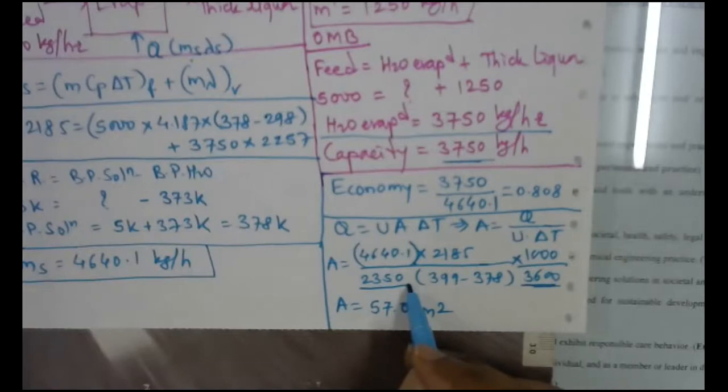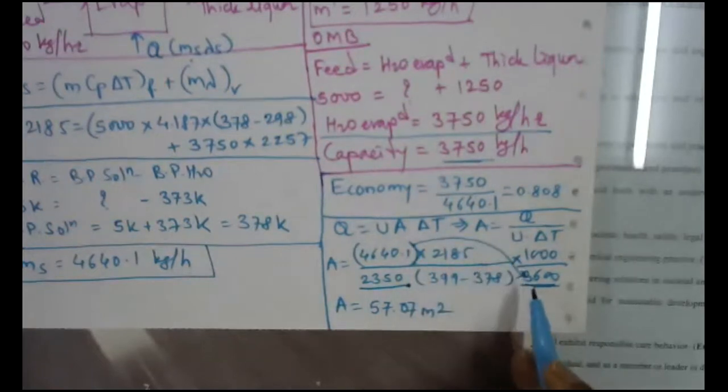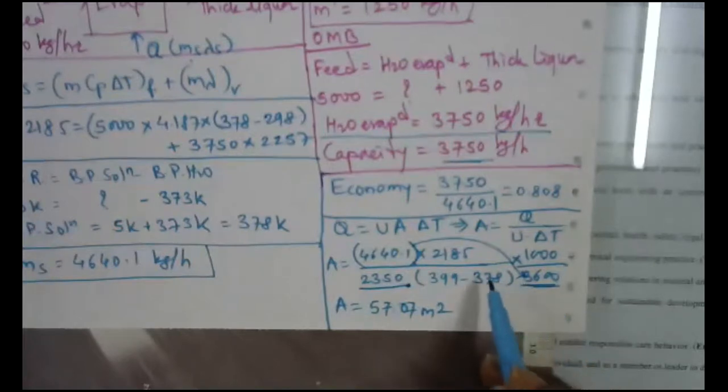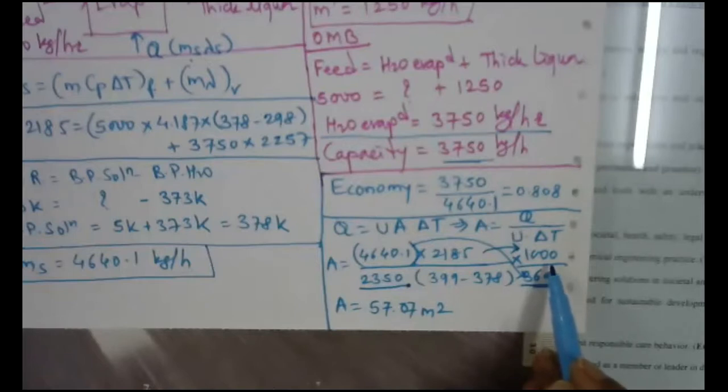That is why kg per hour is converted into kg per second with the help of the 3600 factor. And the 2185 value is in kilojoules per kg, so we have to convert it into joules by multiplying by 1000.